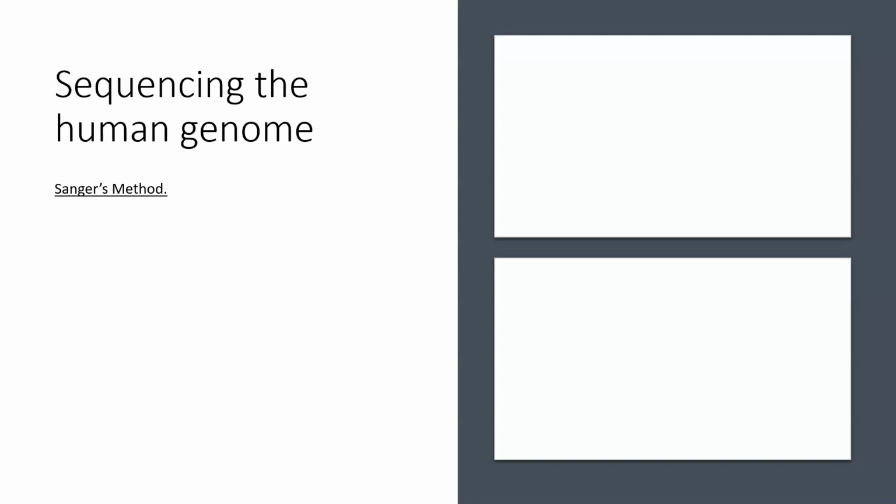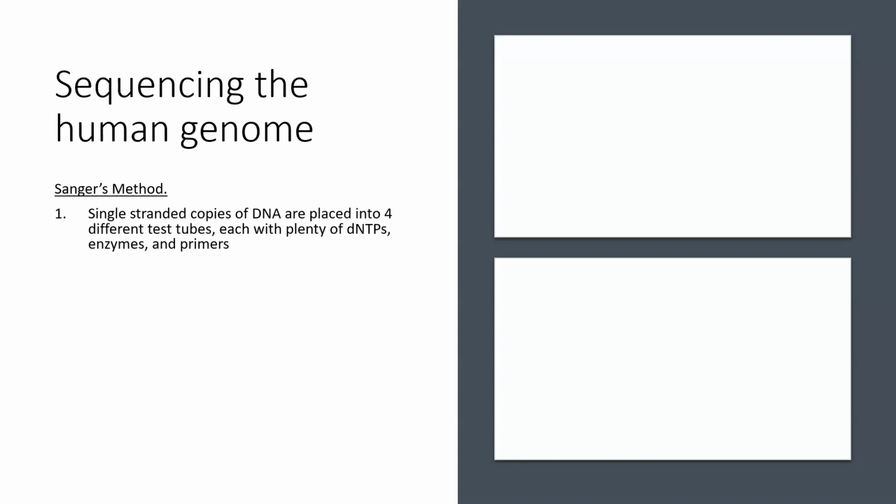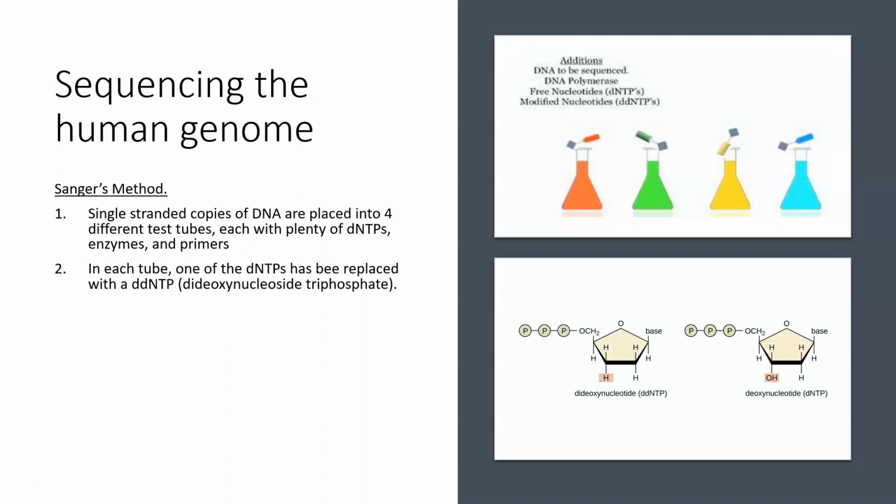Okay, so the human genome was sequenced using Sanger's method. Single-stranded copies of DNA are placed into 4 different test tubes, each with plenty of dNTPs, enzymes and primers. So you've already looked at Sanger's method before. We're going into a little bit more depth now. In each tube, one of the dNTPs has been replaced with ddNTP, a dideoxynucleoside triphosphate. That's just showing you the difference between those.